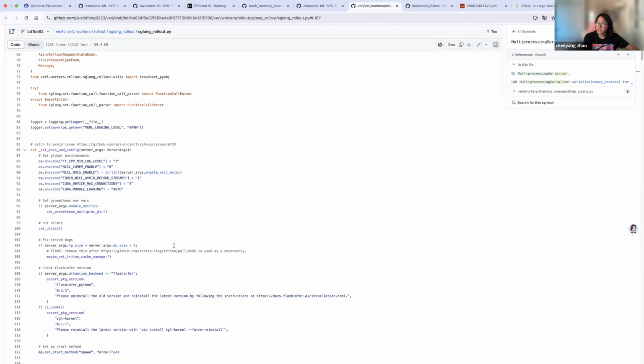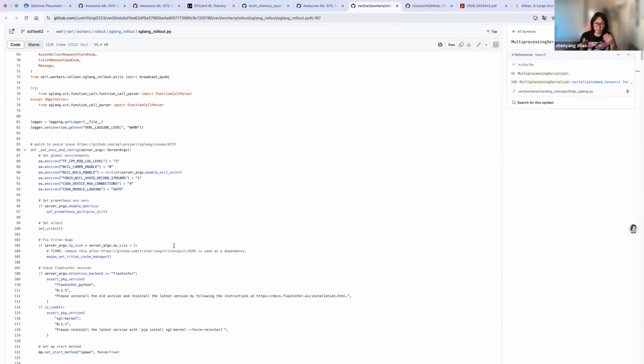Asynchronous rollout means that, given a batch of requests you send to the rollout engine, we first decouple each prompt from that batch into separate prompts, and we send these prompts through engine.generate to get the response, and we parse the responses and get the state machine and use this state machine to do tool calling.